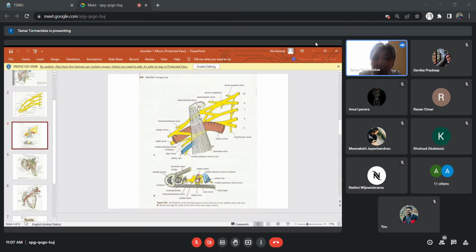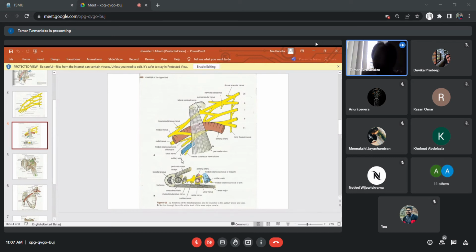Those nerves which come from the lateral cord of the brachial plexus touch the artery on the lateral side. The median nerve, we have told, is formed by the union of the roots of the median nerve. It touches the artery anteriorly, and those nerves which come from the posterior cord of the brachial plexus touch the artery on the posterior side.